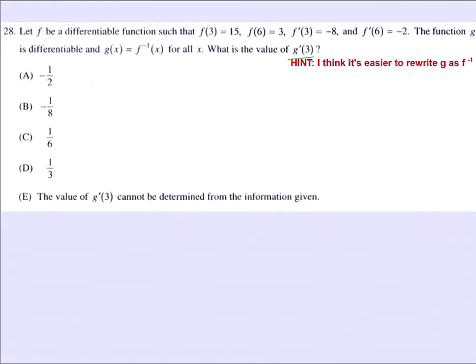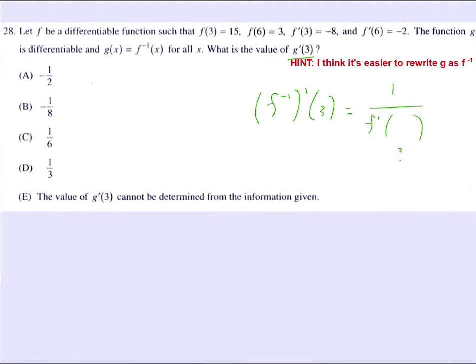Which, again, I think it's helpful to think of that as f inverse prime of 3, which is equal to the reciprocal of f prime of some number, which is the input whose output in f is 3. Right?